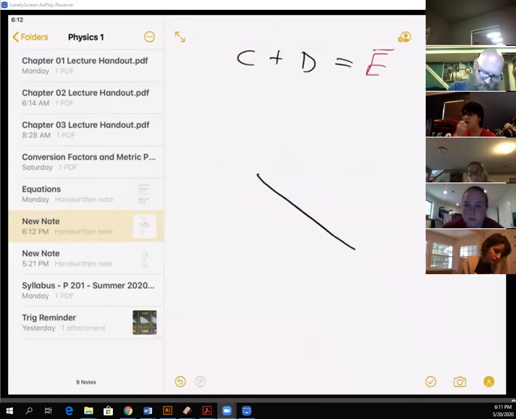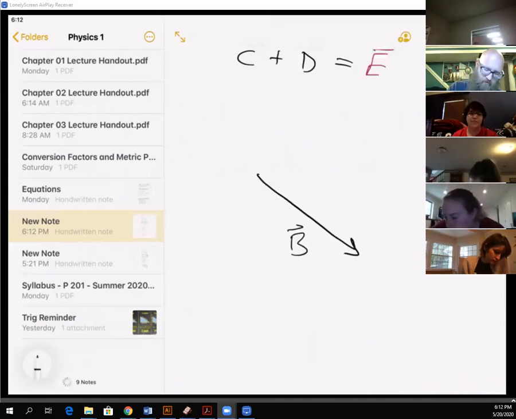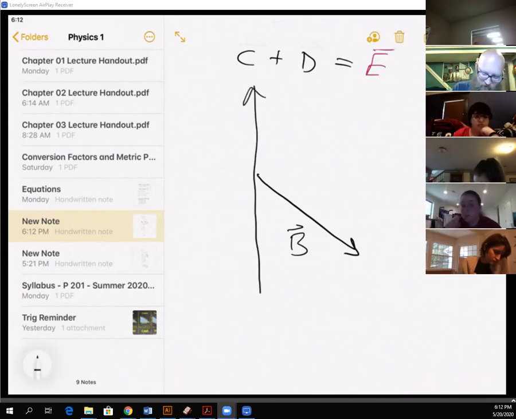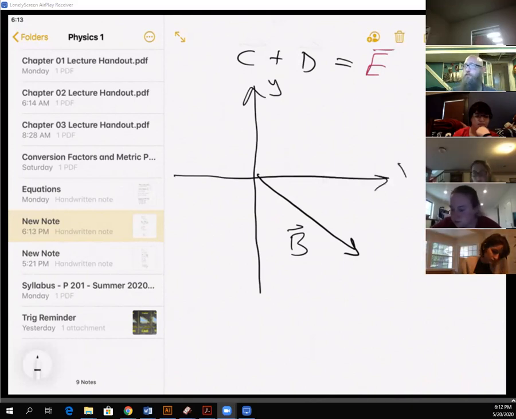Let's call it B. And I could say, all right, let's decompose that vector into components. In order to get components out of this, I need to know what my X and Y axes are. Usually we make Y straight up and down and X right and left. You don't have to. If you watch the second video, there actually are good reasons to tilt axes.